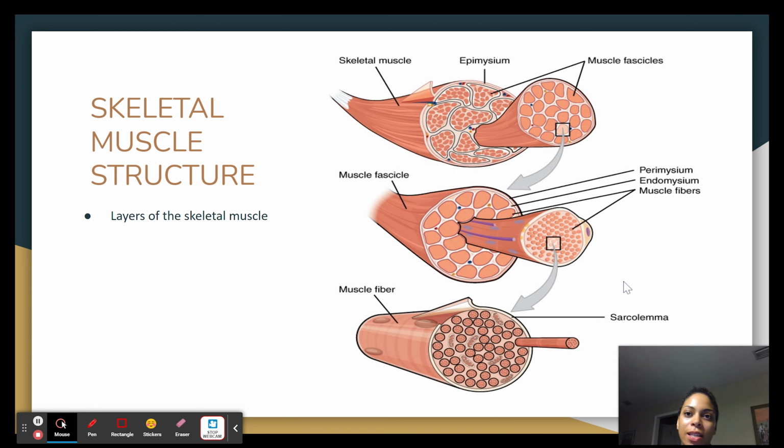That brings us to the inside of the muscle fibers. The muscle fibers are also called muscle cells, and they contain the sarcolemma.